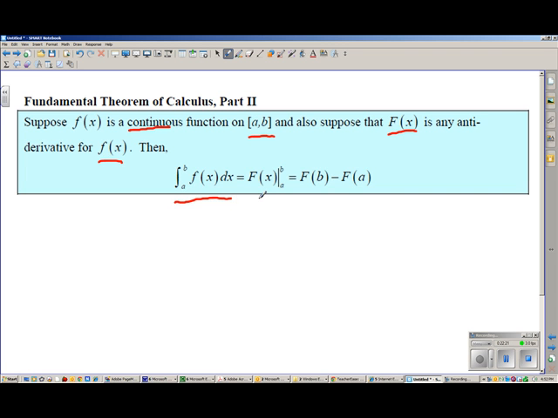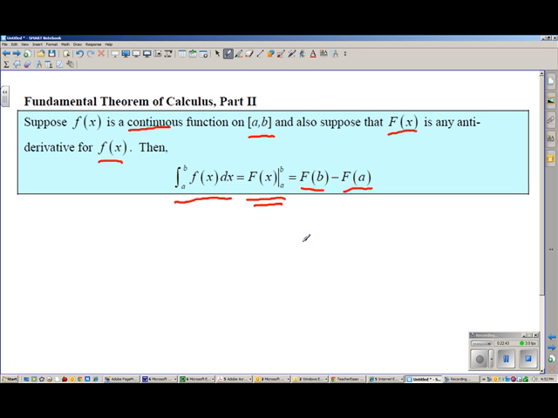Well, it means, by the second part of the fundamental theorem, we take the antiderivative and evaluate it from a to b. In other words, put that upper limit in first and put the lower limit in, and then take the difference.